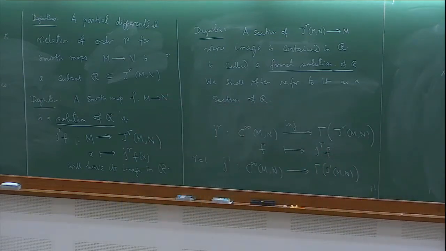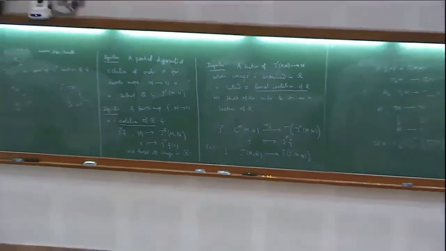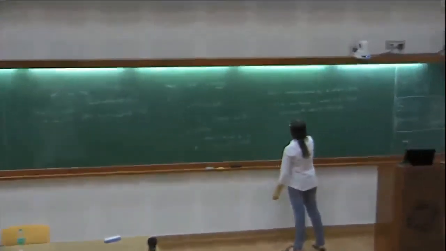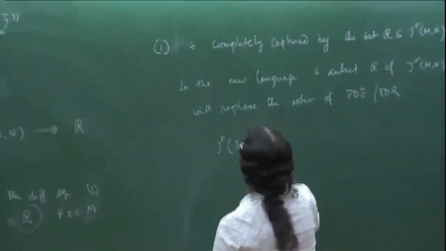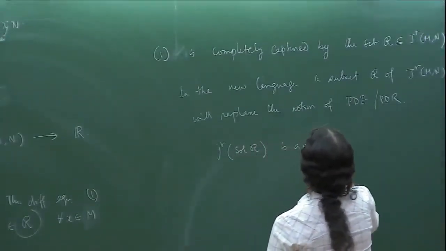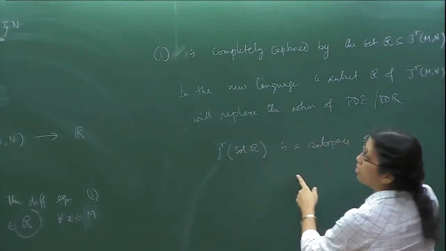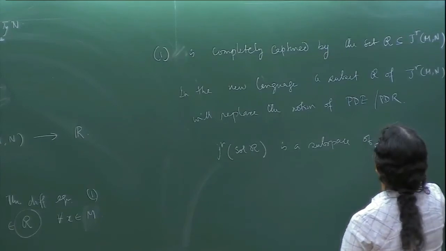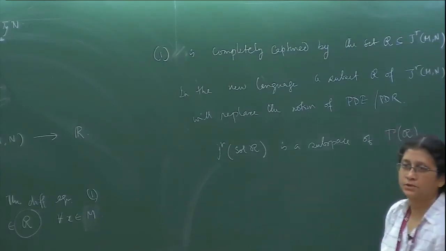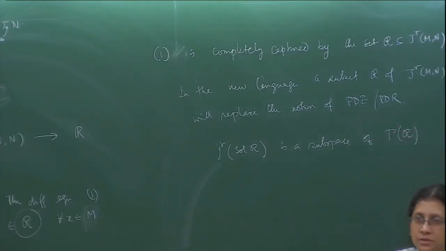And not only that, the way it is defined, JR of the solution space of R is a subspace, we can identify as a subspace of gamma R. So here the topology comes into the picture.